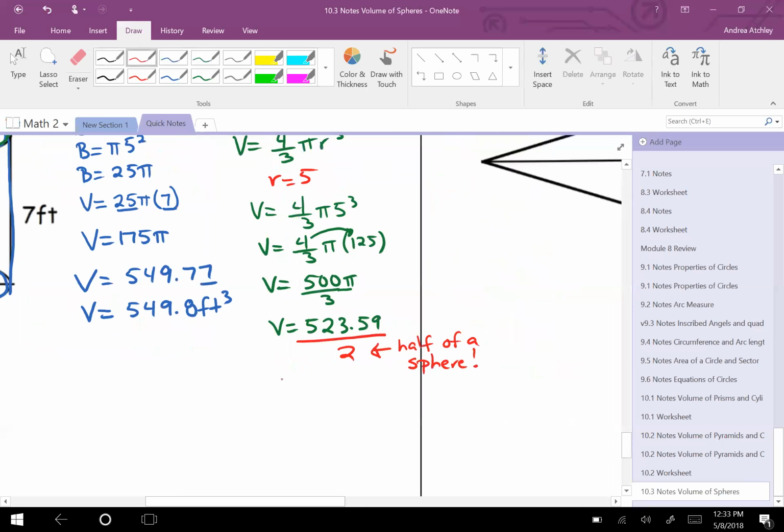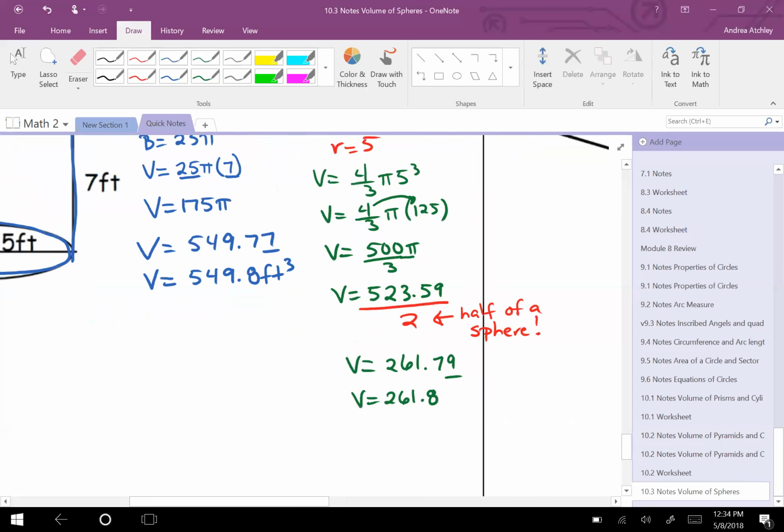So this volume now is going to be 261.79. We already divided by 3 up here, right? 500 pi divided by 3 gave me this number. Okay, so that volume is 261.8. Now let's add the two volumes together.